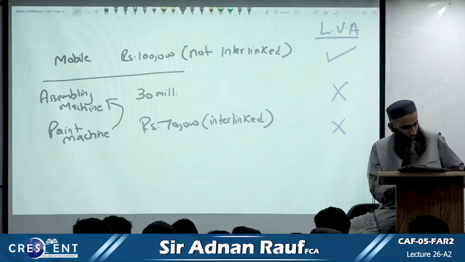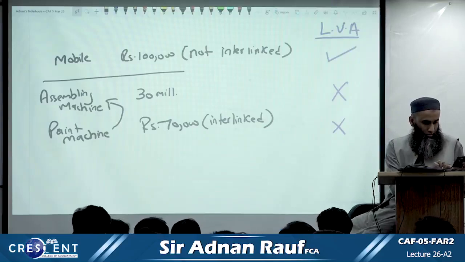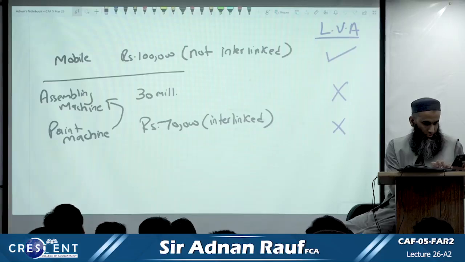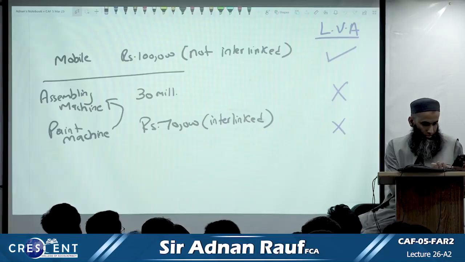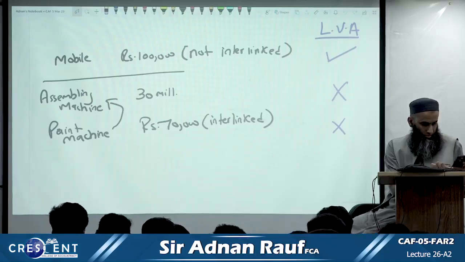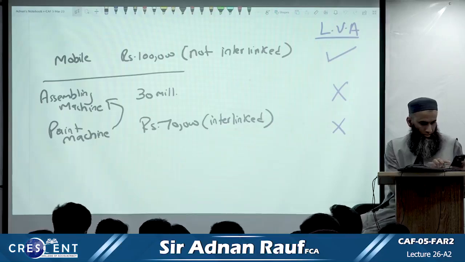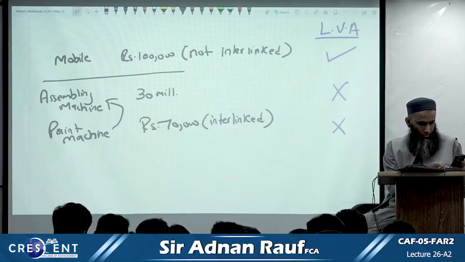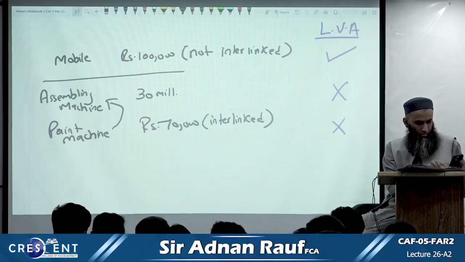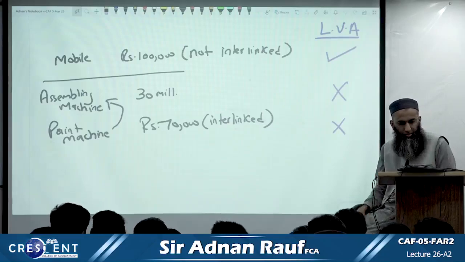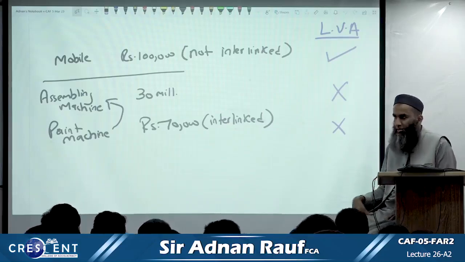Note it down first, I am showing you. The paint machine is worth a small amount, but I say that if it is interlinked with the assembling machine, then it is not low value, but the mobile is not interlinked.